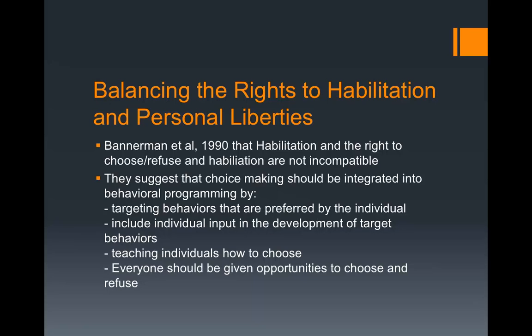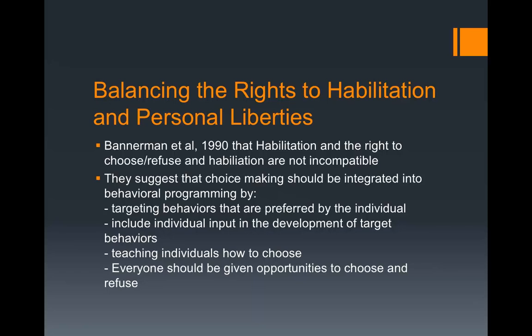I think that the person-centered approach that most people have now adopted, that's the essence of it. The individual and their decision makers, if they're not the decision maker, are involved in what programming will look like. They make decisions, and there's a lot of choice within that programming as to what they will be doing or not doing at any given time.